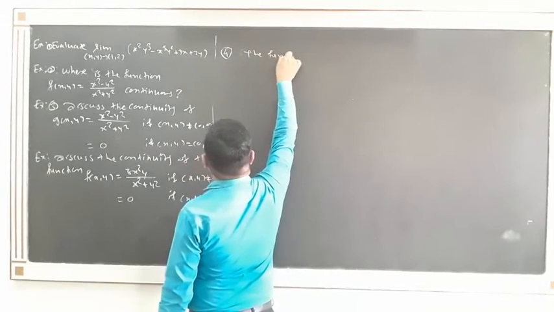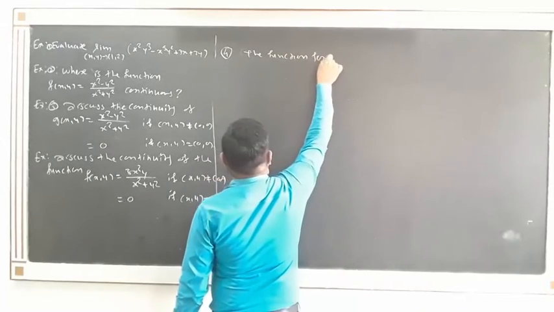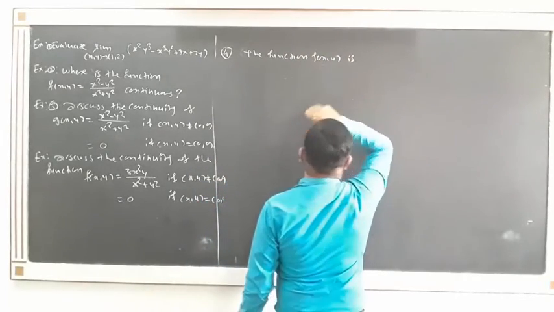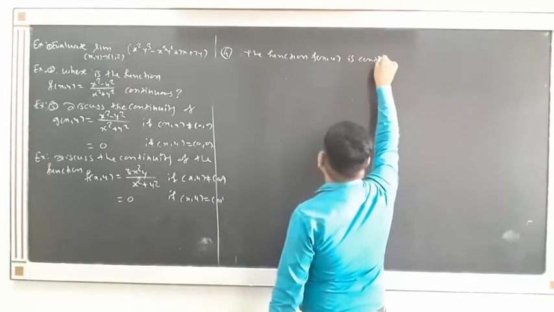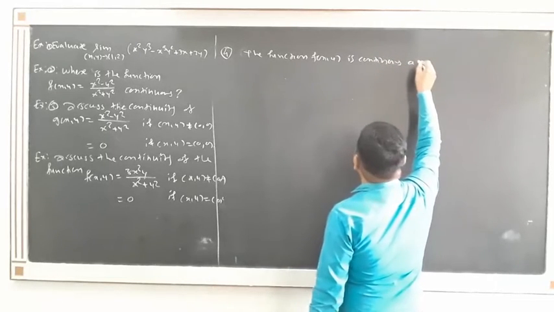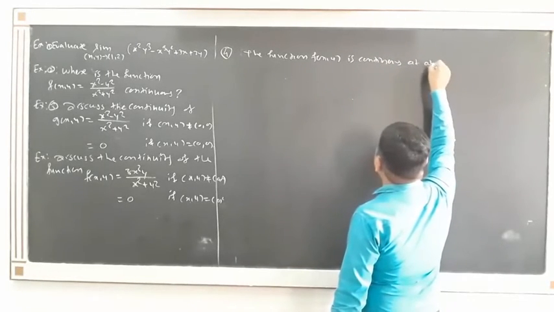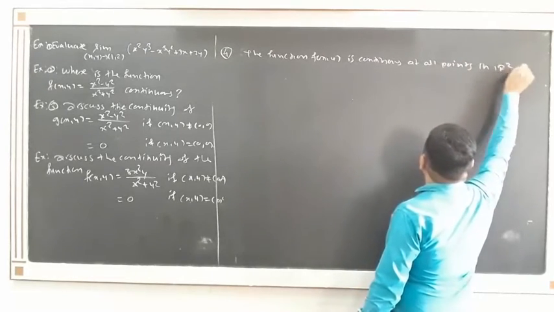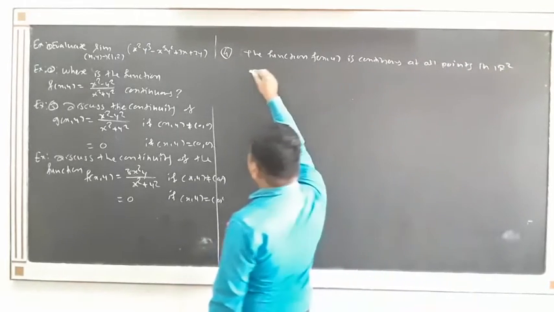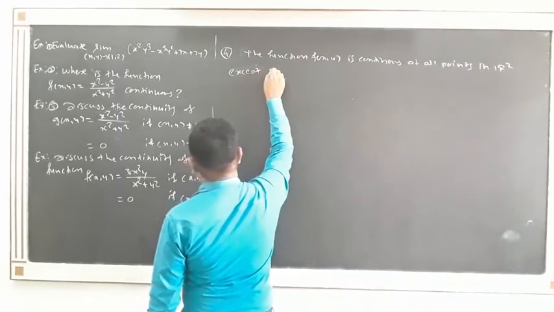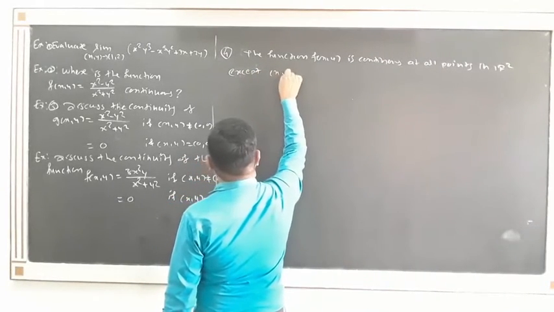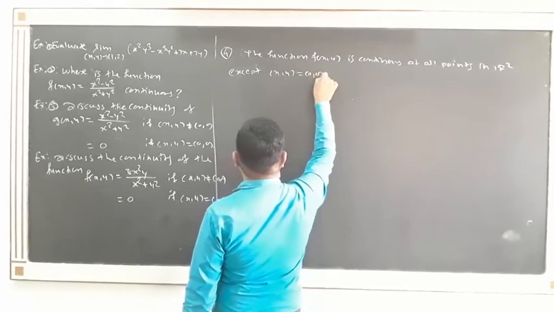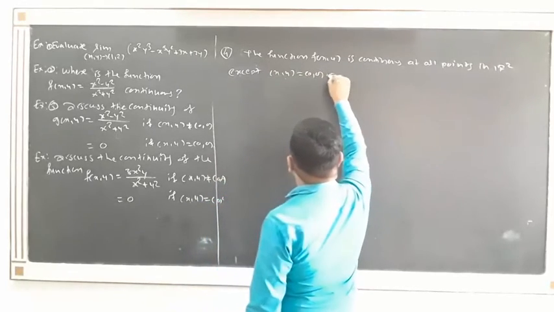The function f of xy is continuous at all points in R square except xy equal to 0, 0. Why?